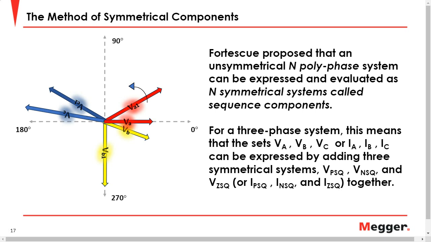So these are knowns. We take these known values and we can create 3 symmetrical systems, based on it being a 3-phase system: VA, VB, VC, IA, IB, and IC. And these sequence components will be made up of positive sequence, negative sequence, and zero sequence.